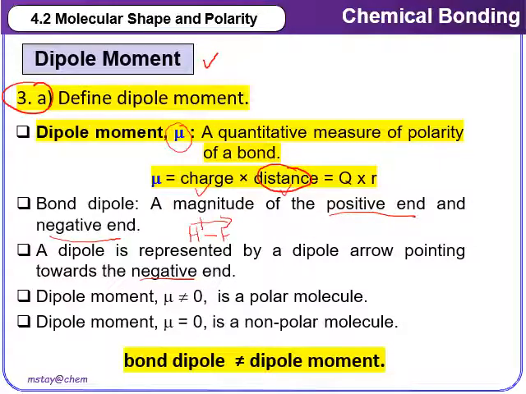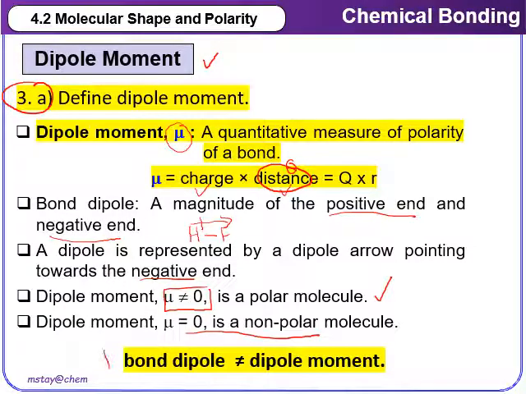So when you multiply it with the charge, the mu or the dipole moment will not equal 0. If the dipole moment is not equal to 0, then it is a polar molecule. While if the atom doesn't move or the distance is equal to 0, no matter what the charge is, the dipole moment always equals 0, and this means that it is a non-polar molecule.